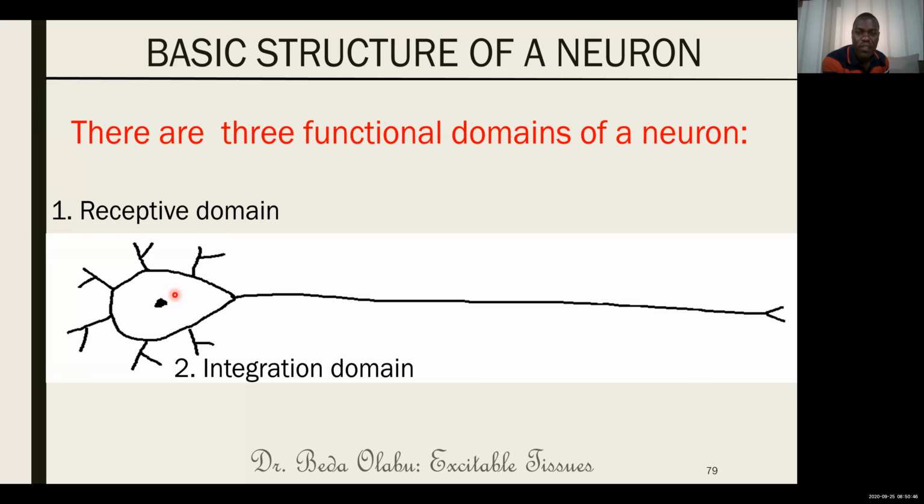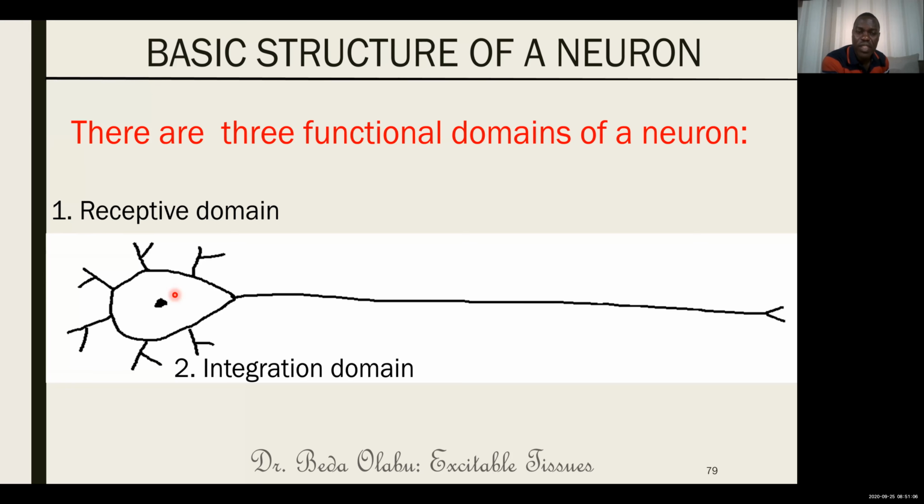If you have a similar concept within the central nervous system, then that's what we call the gray matter. Gray matter is a collection of neuronal cell bodies inside the central nervous system.